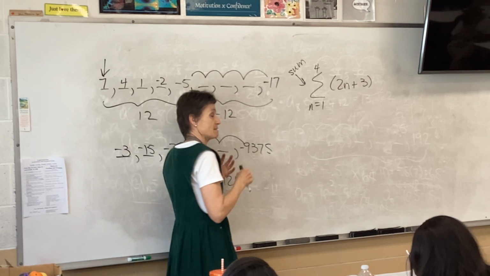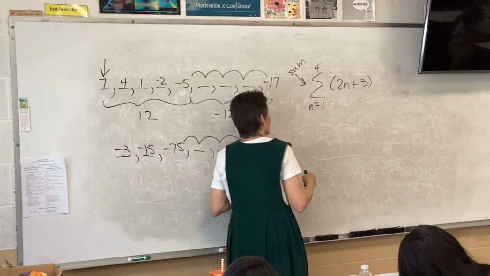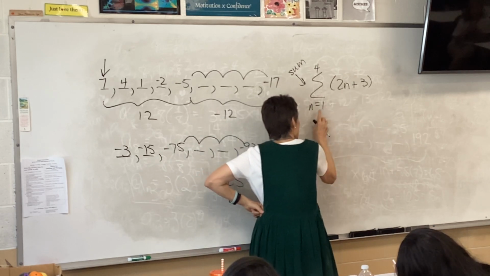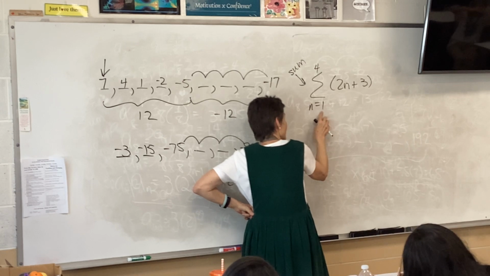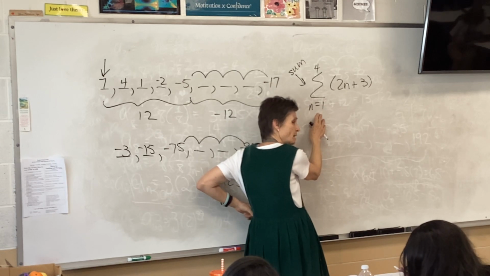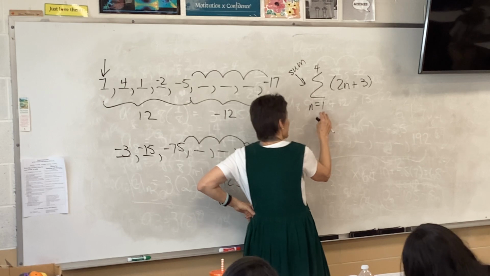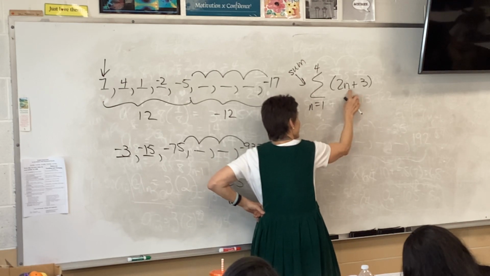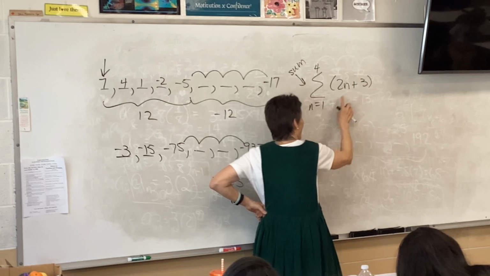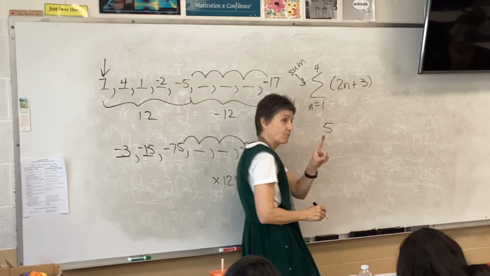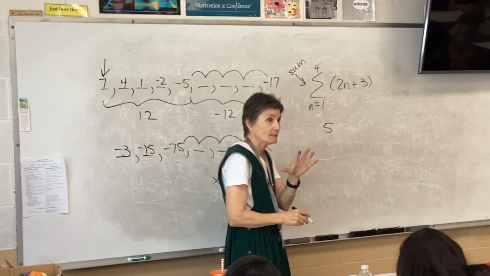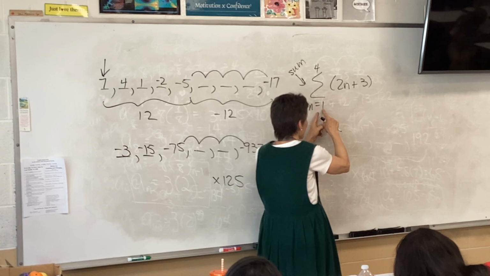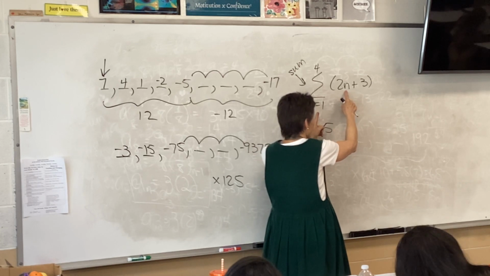Now, what does this mean? What am I adding? Take whatever number is down here. In this case, it's a 1. It doesn't have to be a 1, but it's often a 1 because it's the starting point, and you plug it in. If I plug 1 into this expression, I get 5. That's the first number I'm adding. Then I plug in 2, and I get 7.